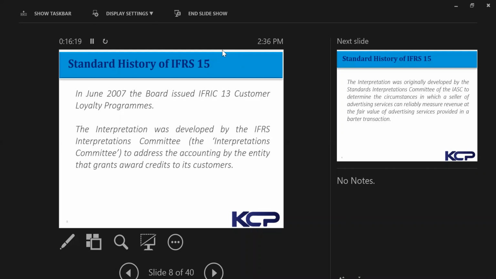Is that clear? So the interpretation was developed by the IFRS Interpretations Committee to address the accounting by the entity. Anytime I use the entity here, I'm referring to the reporting company that grants award credits to its customers. You see that as we go on.